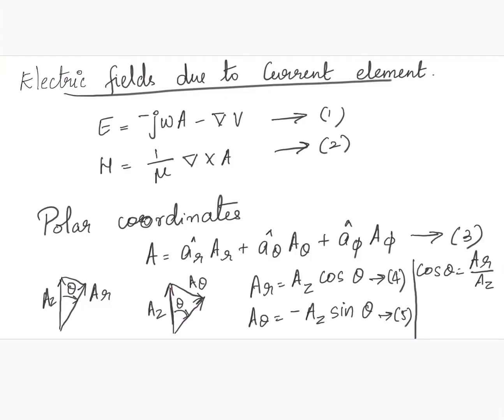Similarly A_z and A_theta will be in this direction with angle theta. So from this diagram, A_r can be written as A_z cos theta, and as the direction is changing, A_theta will become minus A_z sin theta. That is directly from here: cos theta is equal to A_r by A_z, so A_r will be equal to A_z cos theta.